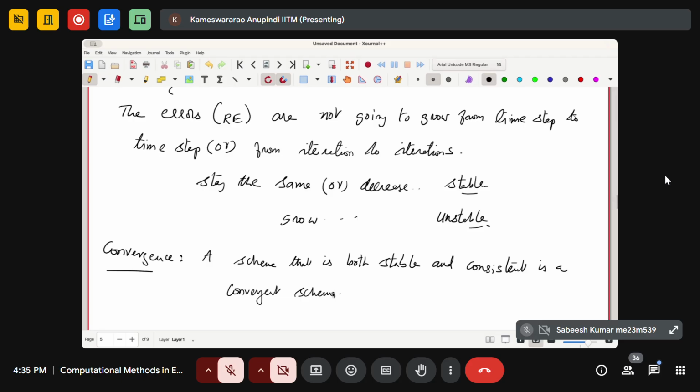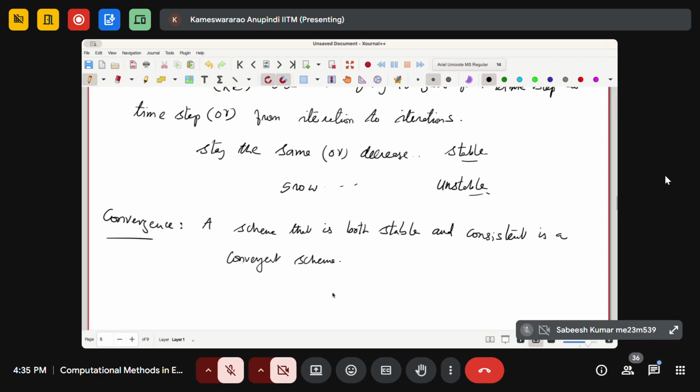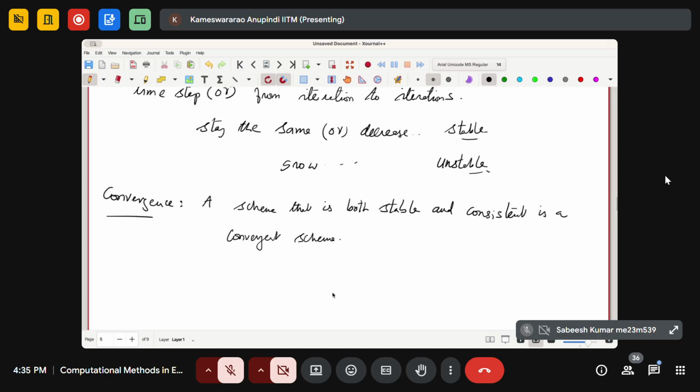That means if the particular scheme we are using satisfies both stability and consistency properties, then we can call it a convergent scheme. Of course, we want to work with convergent schemes.